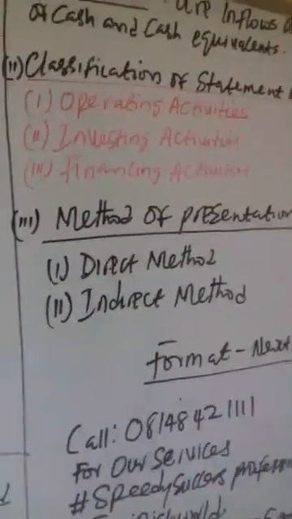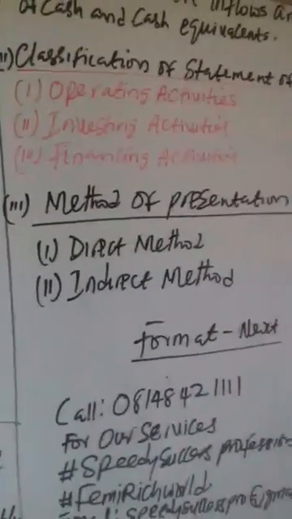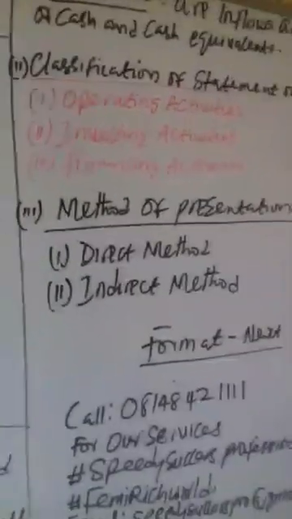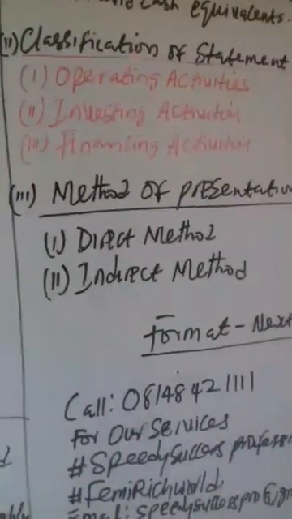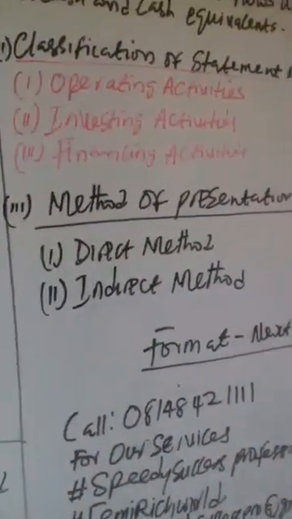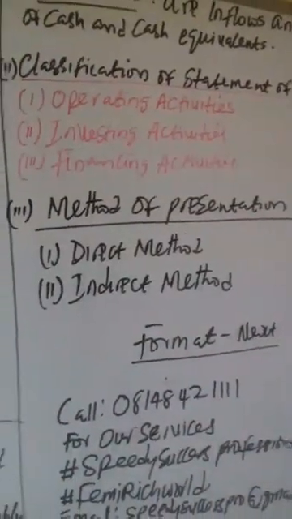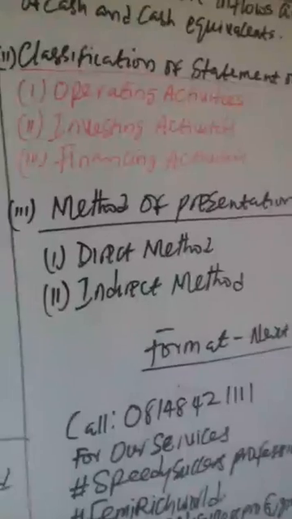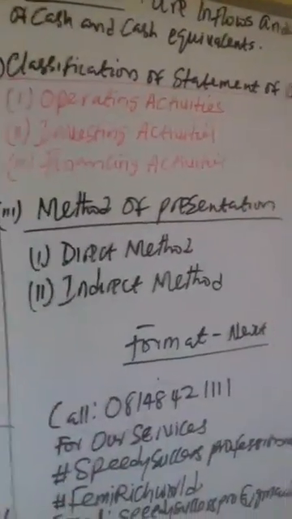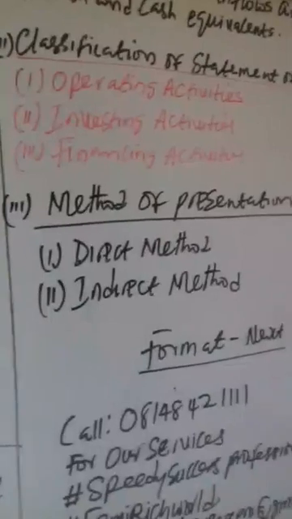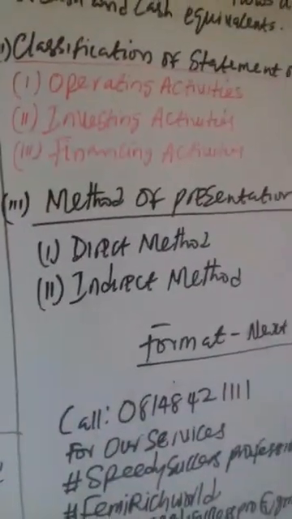So we also say investing activities are those activities that relate to the entity investing in other entities, like buying of shares and also fixed depositing or doing other financial investments that are not the major operations of the company. Financing activities are those sources by which funds are generated for the running of the business.